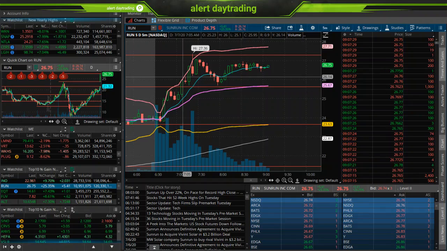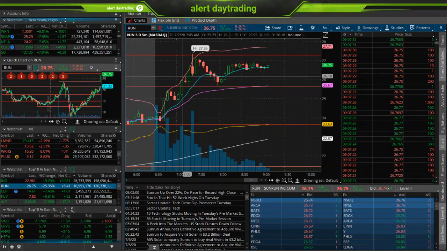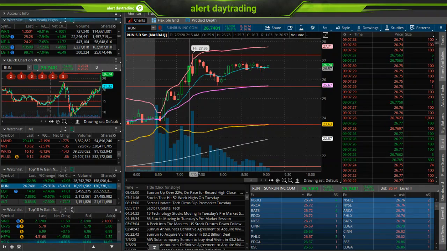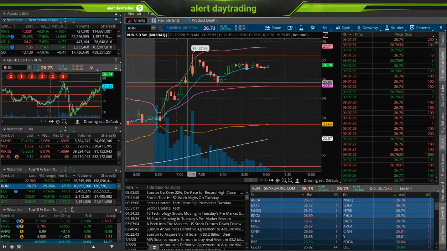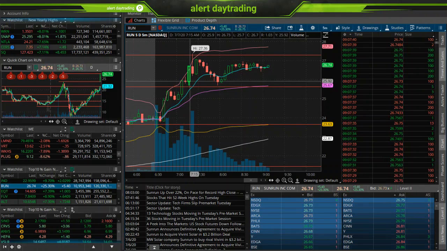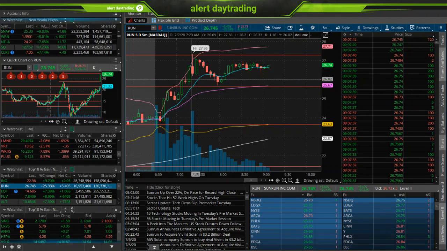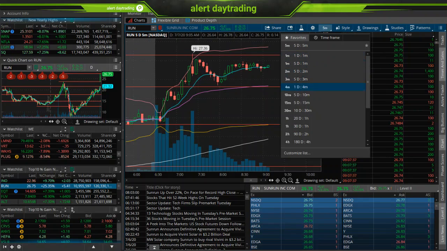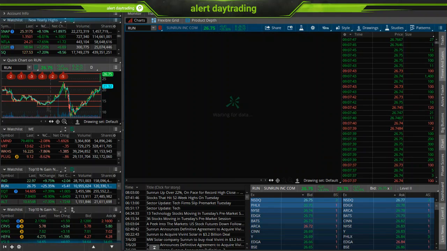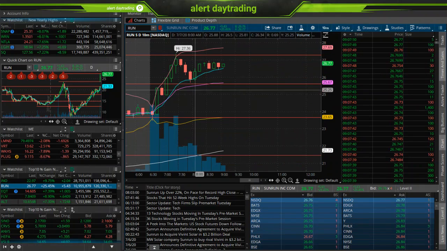I could have had 3 entries with this stock, but with the price action, I was waiting for this second candle to close because we had made a new low, and I was hoping that it would close below, and then I could have made an entry much lower, so I didn't end up trading that 5 minute chart. But here's the 10 minute chart.